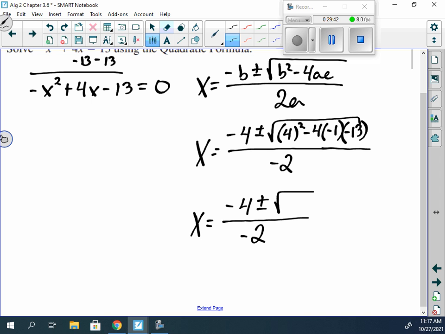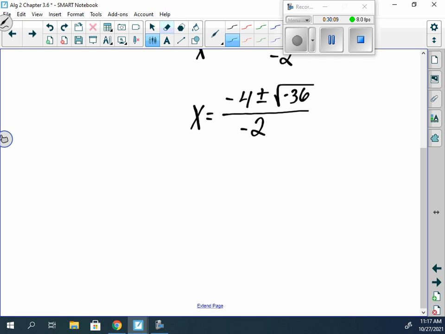Yep, times negative 13 is negative 52. Yeah, it'd just be 16 minus 52, negative 36. So that's why this here would give you an error if you type the whole thing in.